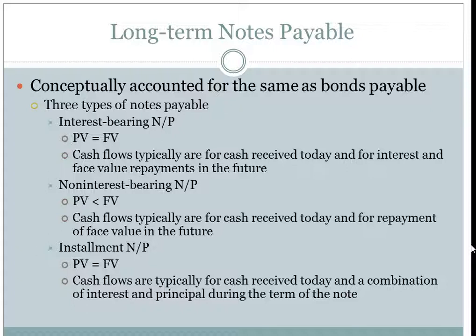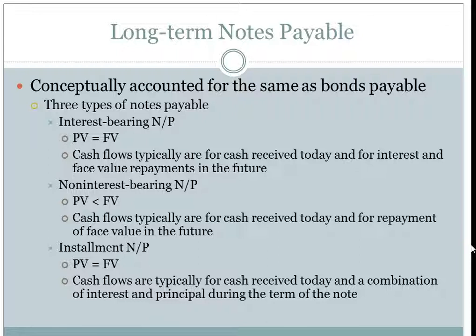So those are the three common types of long-term notes payable: interest-bearing notes payable and non-interest-bearing notes payable, which are both exactly the same as the short-term notes payable that we talked about previously. The only significant difference is that the maturity date is going to be more than 1 year from the balance sheet.